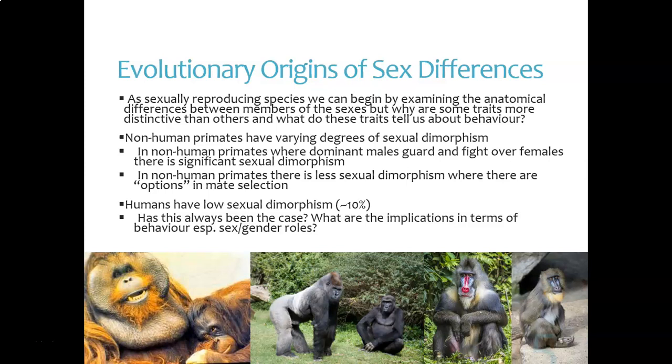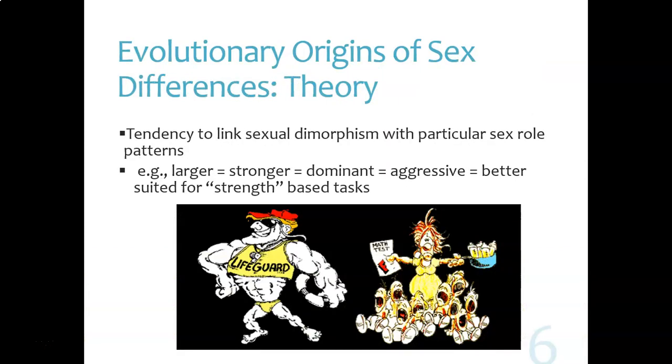So in those cases, males and females don't have significant differences, but it's because they both play very significant roles in provisioning activities for the offspring themselves. So again, we have to think about all these different variations and then think about, okay, well, how might this explain some of human behaviors, right? And part of the reason why we're interested in this as archaeologists, even though many of us as archaeologists may not even delve into the paleoanthropological record, is because of the tendency we have culturally to link sexual dimorphism with particular sex role patterns.